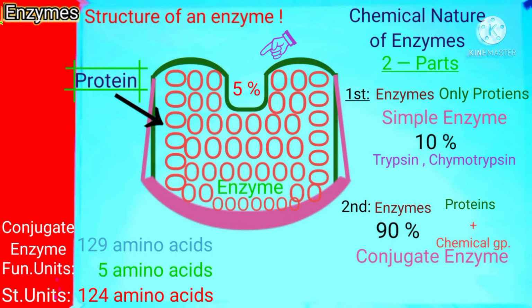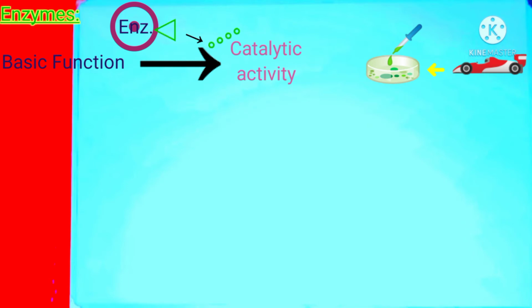This 5% functional unit is the only part able to perform the catalytic activity of an enzyme. Students, the basic function of an enzyme is to participate in a catalytic activity to speed up a chemical reaction. So it attaches to a substrate and then either splits it or synthesizes it, forms it.